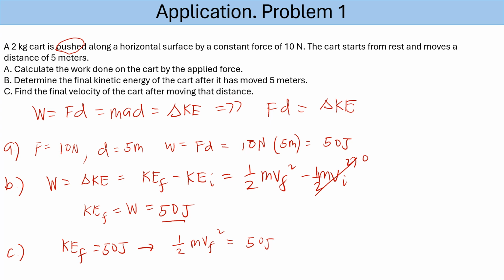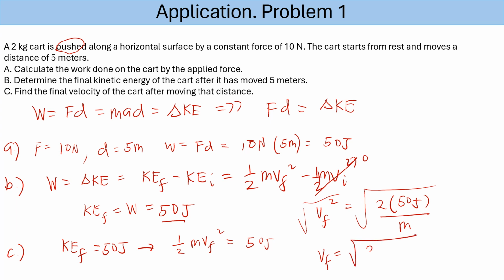That would become Vf squared is equal to 2 times 50 joules divided by m, and take the square root of both sides. You will have Vf is equal to the square root of 2 times 50 joules over m.